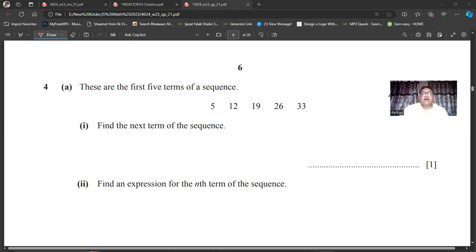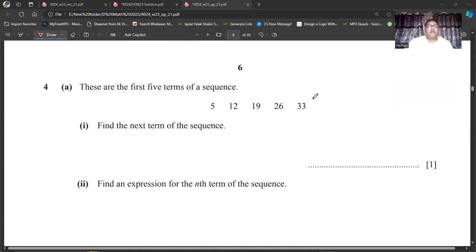He says these are the first 5 terms of a sequence. So it's 5, 12, 19, 26, 33. You will clearly see you have added 7, then you again added 7, you again added 7, you again added 7. So when you get the next term by adding a certain number, we call it an arithmetic sequence.